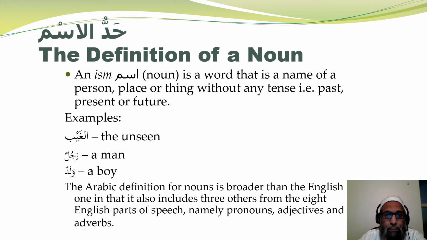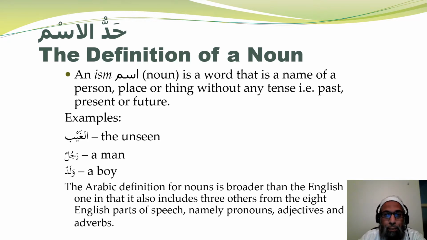Okay, the Arabic definition for nouns is broader than the English one in that it also includes three others from the 8 English parts of speech, namely pronouns, adjectives, and adverbs. So in English, you have 8 parts of speech, and then you list each one. A pronoun is one of them, adjectives is one of them, adverbs is one of them.